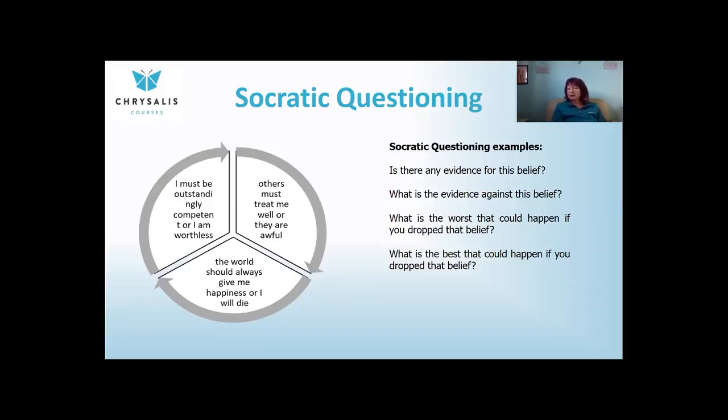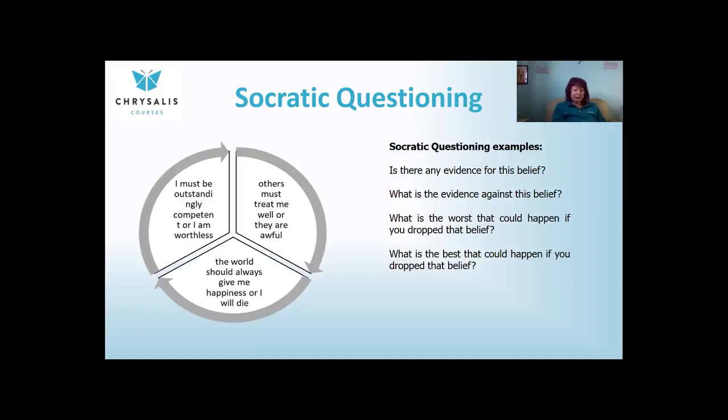And then what's the best that could happen? Well, then they'd have a good relationship, and then she might start believing that actually that belief is a faulty belief because someone has stayed with her, they've got a good relationship.